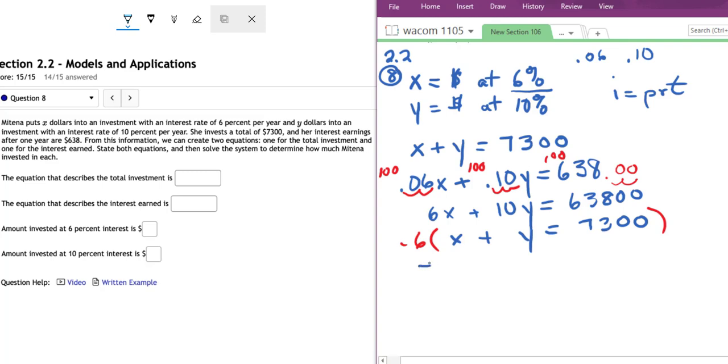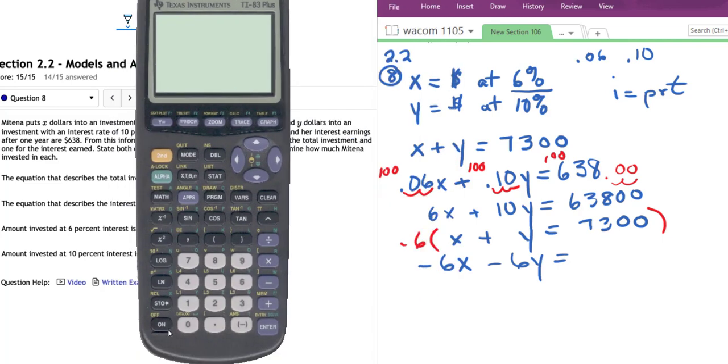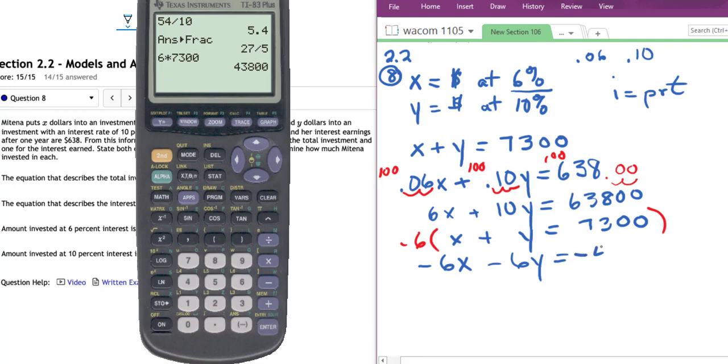That will give me -6x, -6y equals -6 times the 7,300. I know it's going to be negative, so 6 times 7,300 gives negative 43,800.